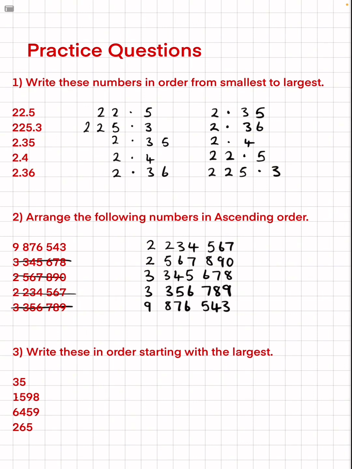We have 1,000 and 6,000. 6,000 is greater than 1,000, so the largest number is 6,459. The next largest is 1,598. The next largest will be 265 because it has more digits than 35. And the smallest number is 35.